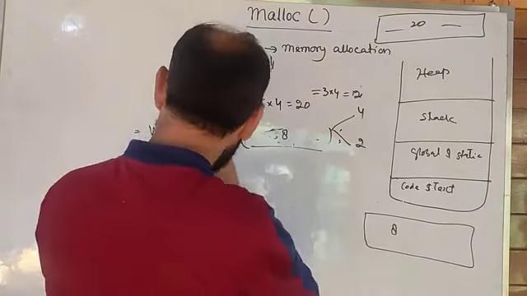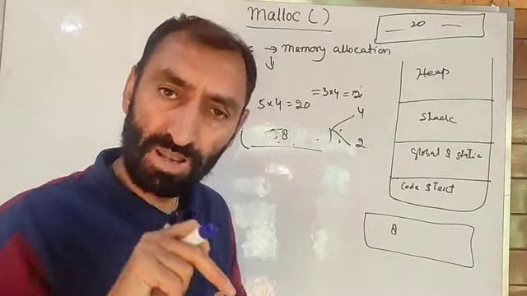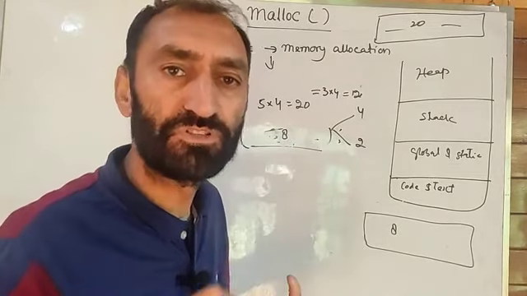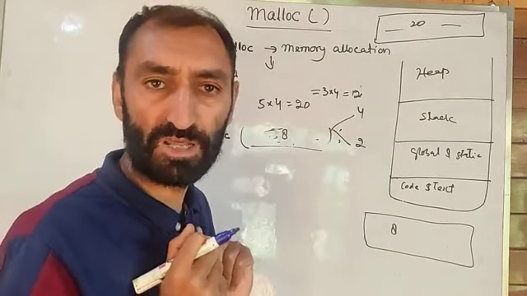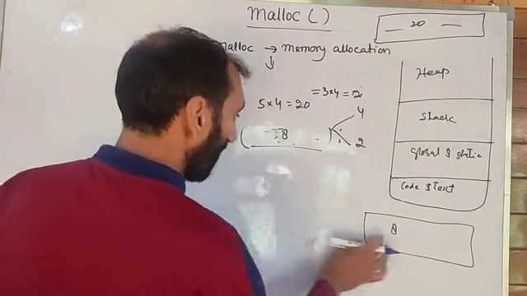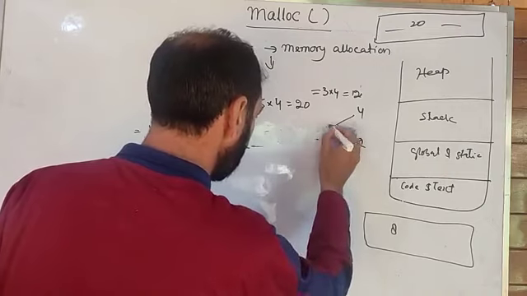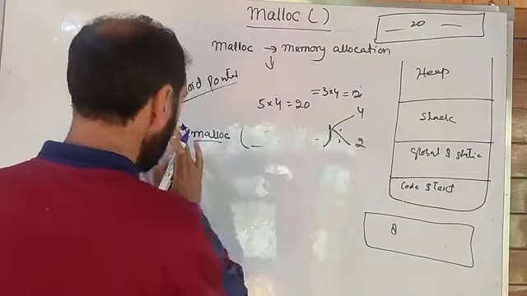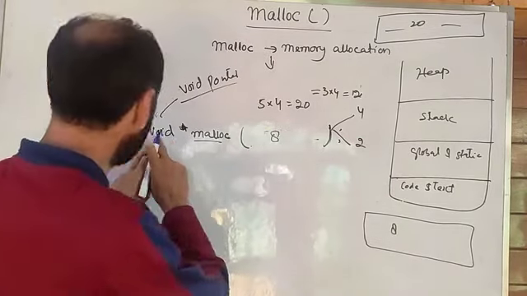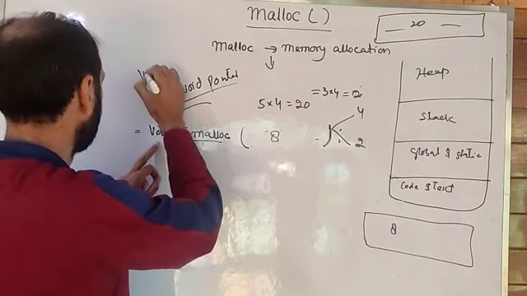At the time of this allocation, malloc does not know what type of data the user is going to store in this dynamically allocated memory. So, in order to avoid any inconvenience, the malloc function returns the void pointer. That means the return type of this malloc function is void.